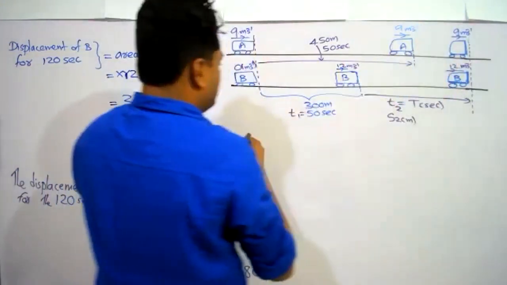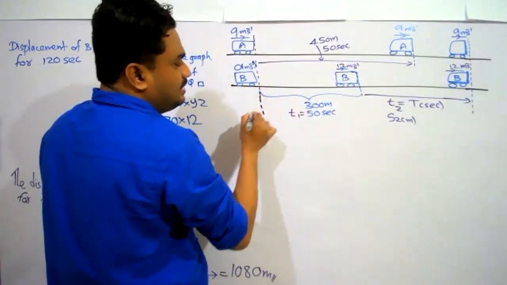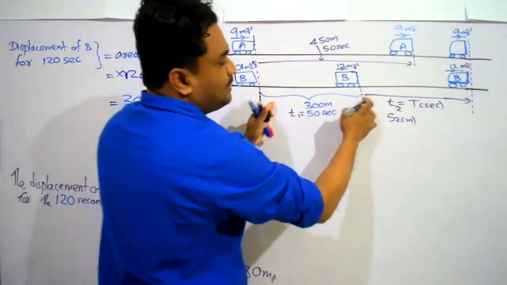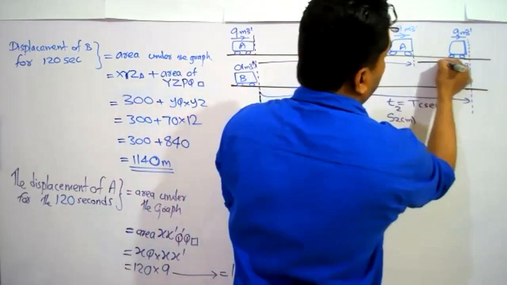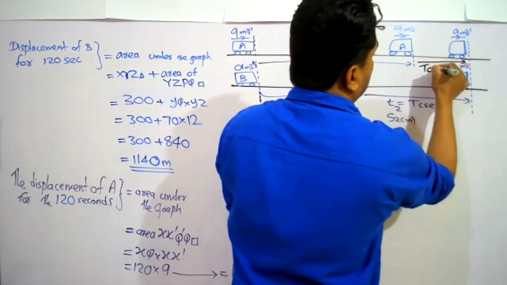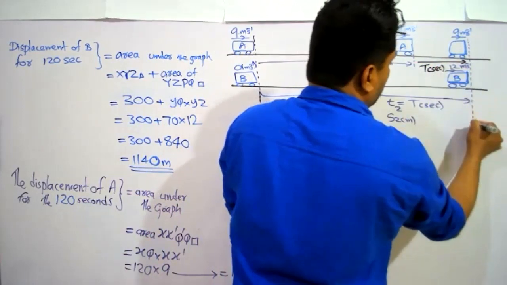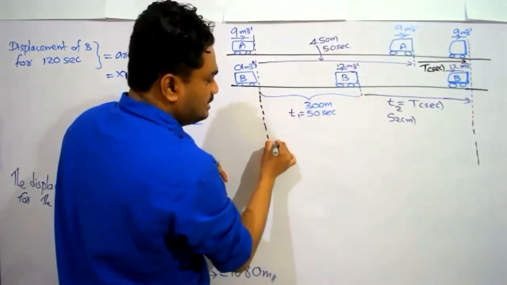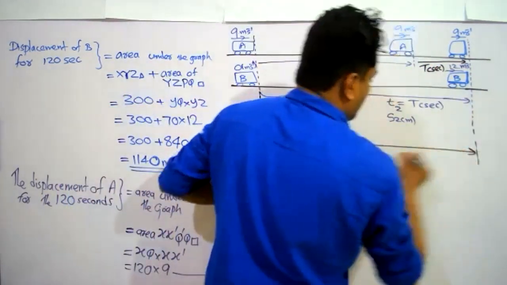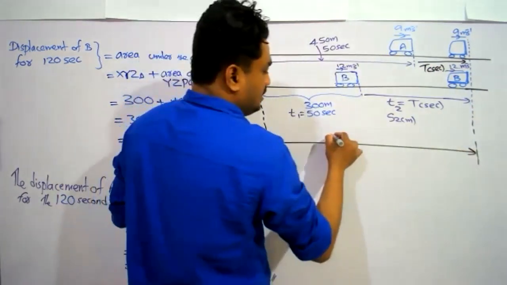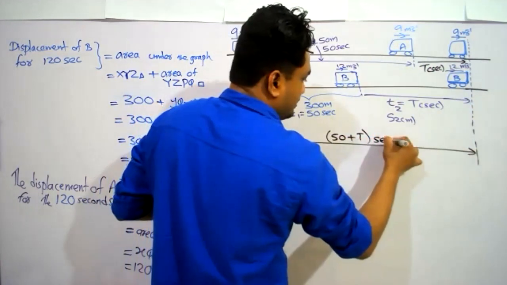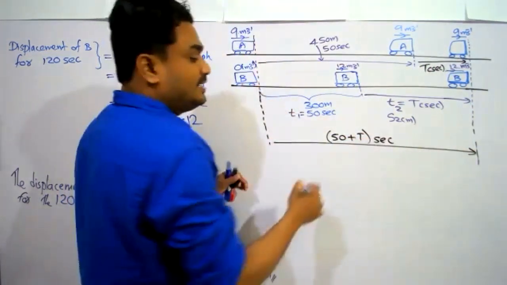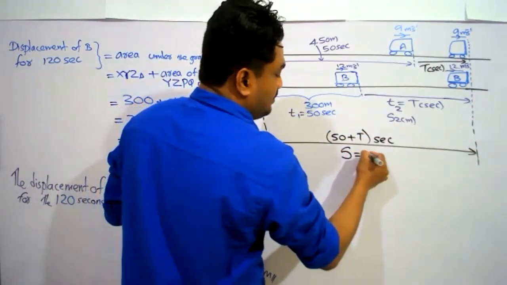So the total time is 50 plus capital T seconds. Both vehicles travel the same distance.